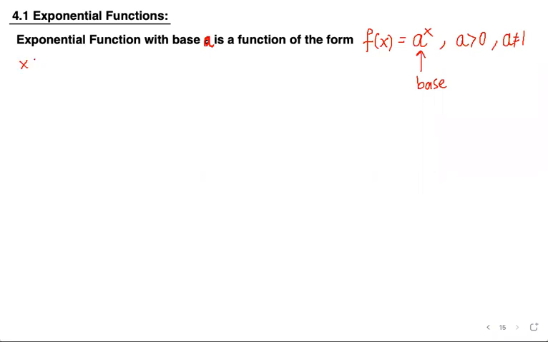Second, x is a real number. So my question: why a not equal to 1? So the exponential function is a function of the form f of x equals a to the x, where a is positive, a is not equal to 1, and x is a real number.